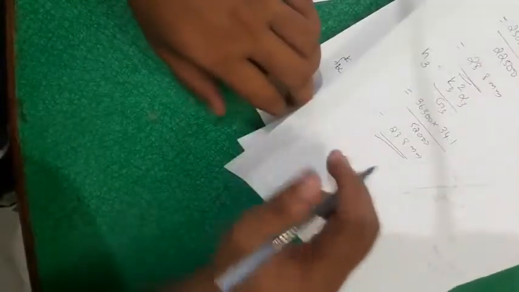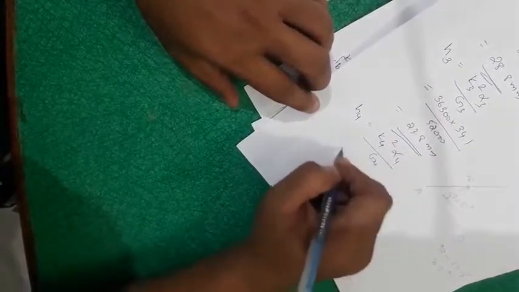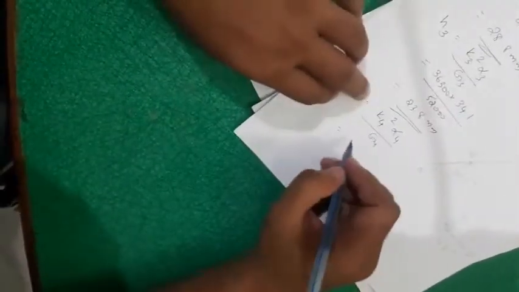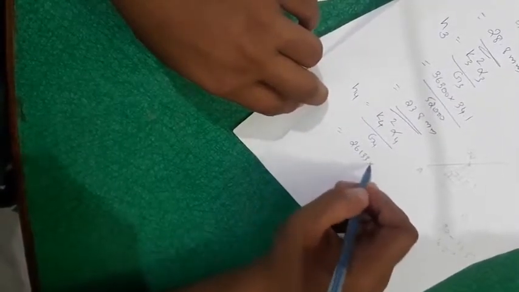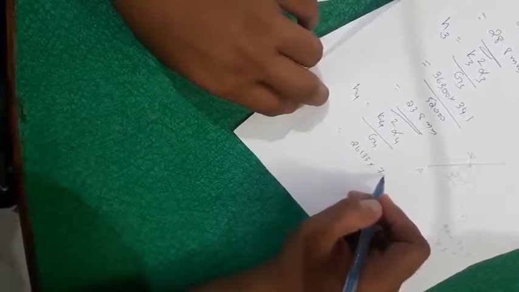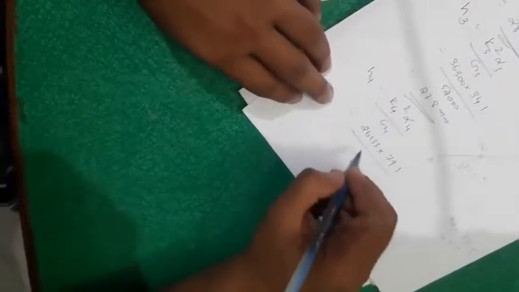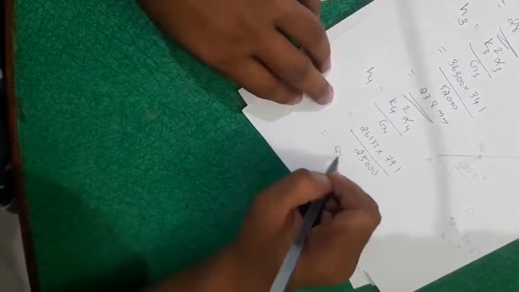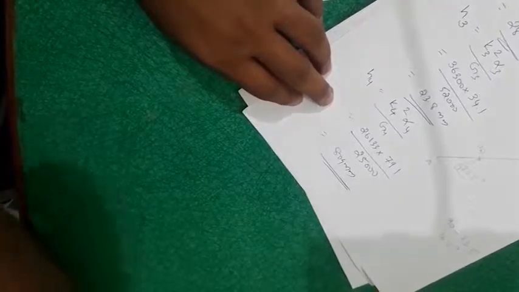And H4, K4 square alpha 4 by G4 equals K4 was 26,133 into alpha 4, which we got as 79.1, divided by G4, that is 25,000, and it will be 80.4 millimeter to be exact.